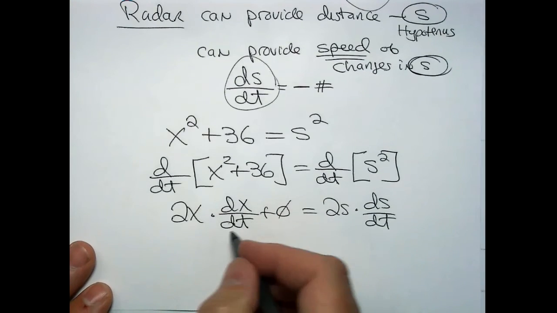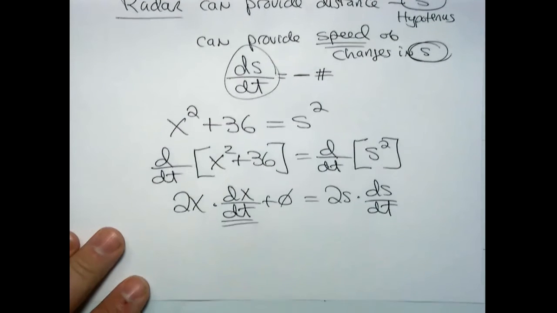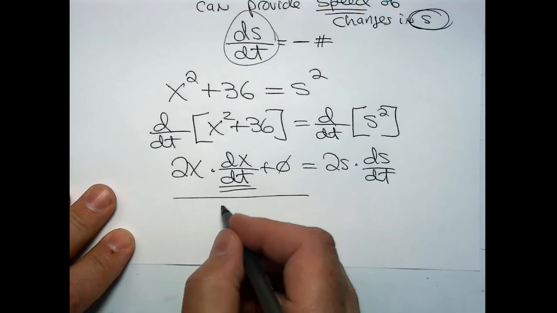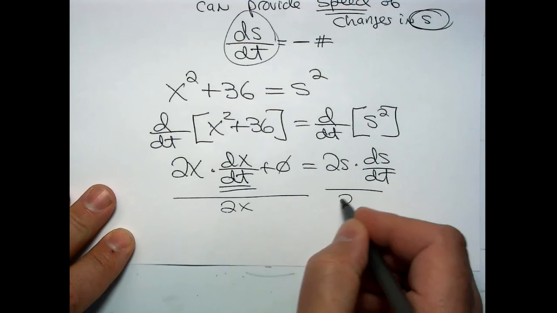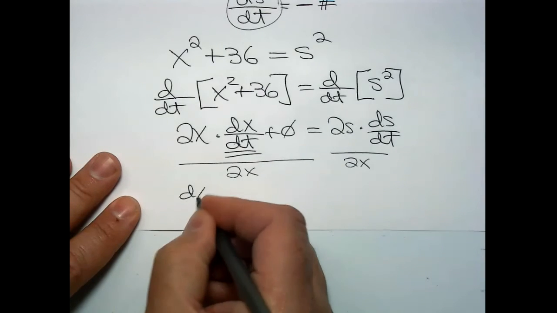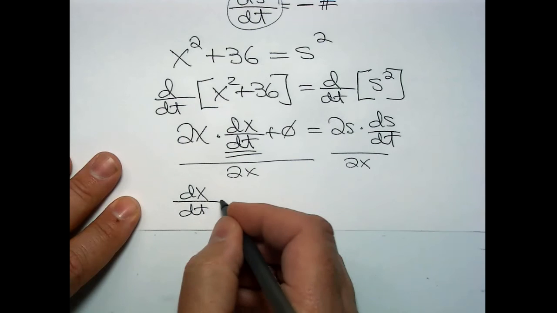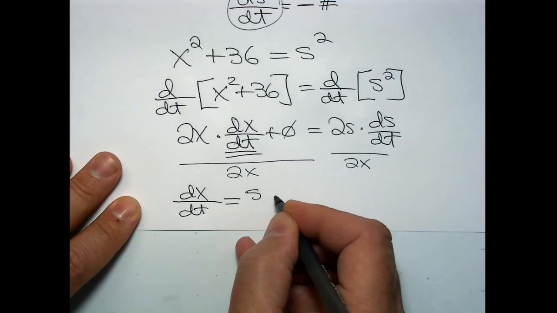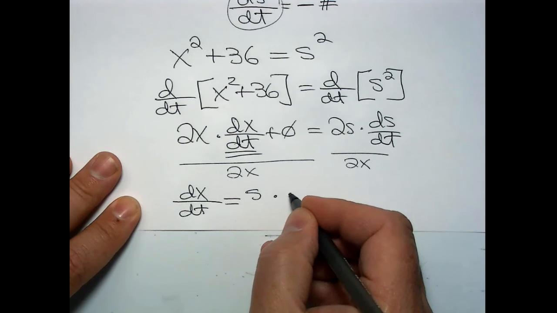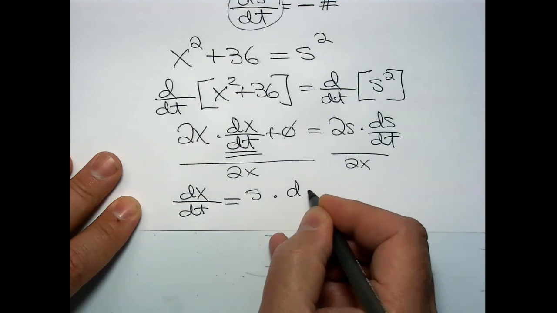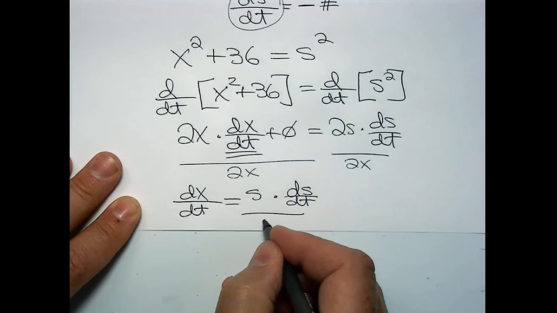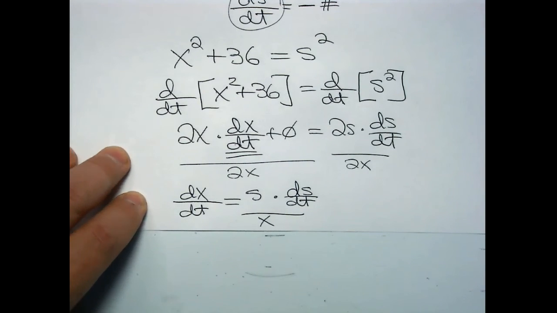Now, the prize for this one is dx/dt. How fast is the aircraft moving in the horizontal direction? So let's solve for it. Divide both sides by 2x, and dx/dt can be computed as s times ds/dt over x.